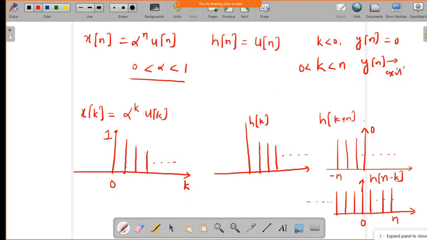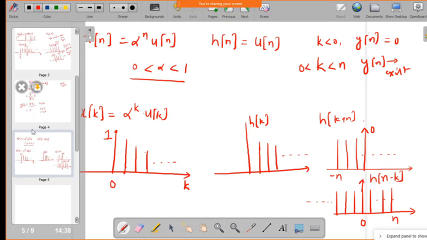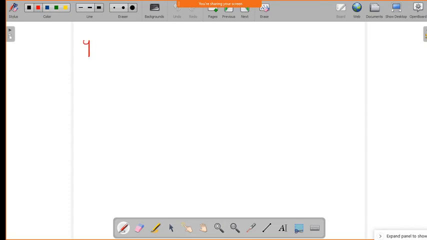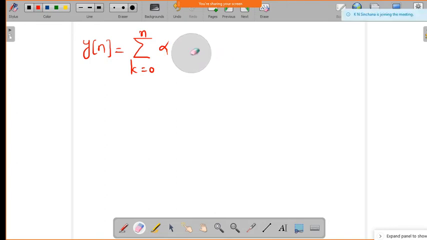Now compute the value. y of n equals summation k equal to 0 to n of alpha power k into u of k. This h of n is also equal to 1, so you only have to take alpha power k.